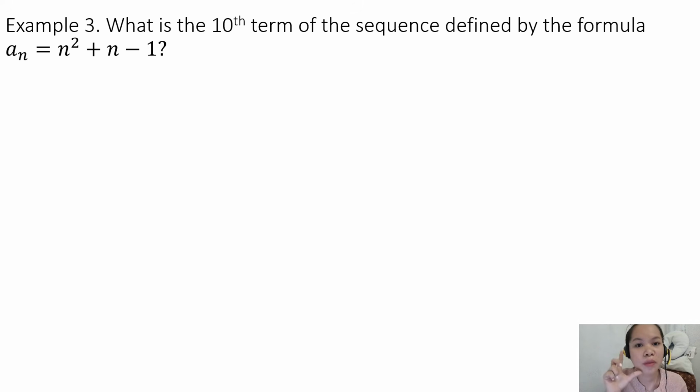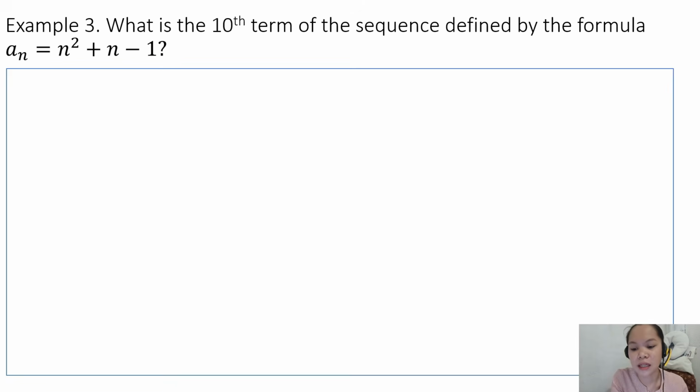So all you have to remember and focus on is that you are going to get the right value of n and then substitute it into the main equation and then simplify it. That's just it.